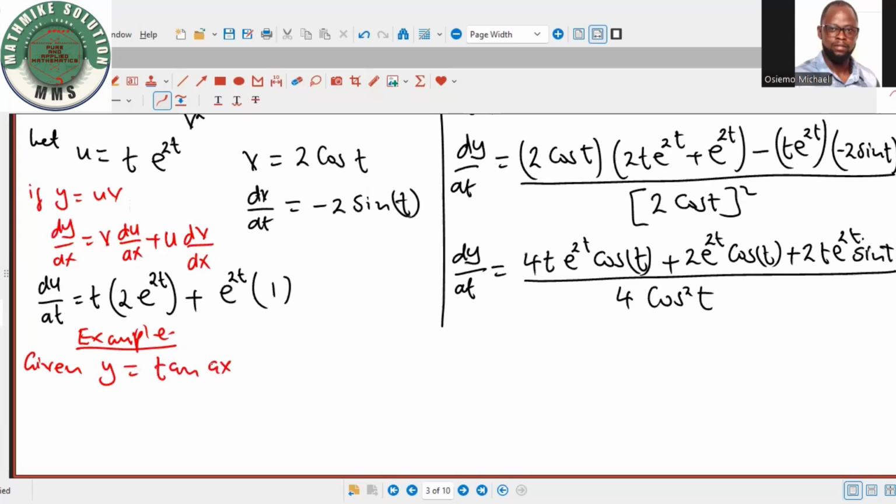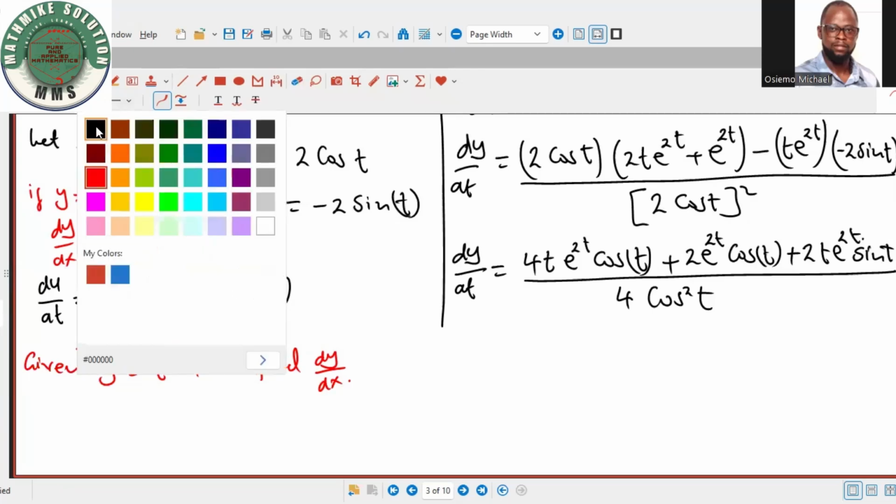I remember in the standard table, the derivative of tan ax is simply a sec squared ax. Let us see how we go about this kind of question and how we obtain the sec. So find dy/dx.